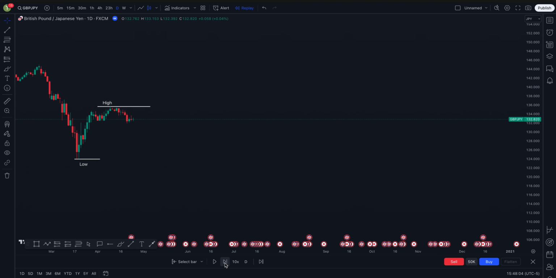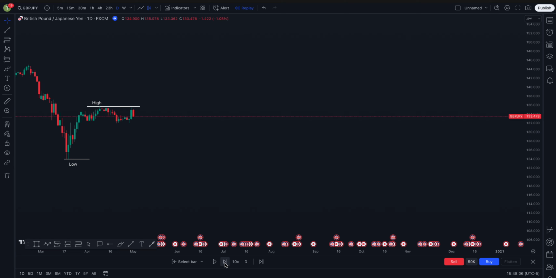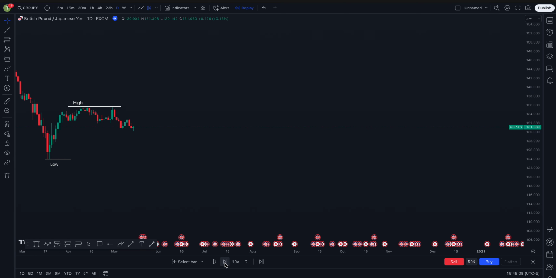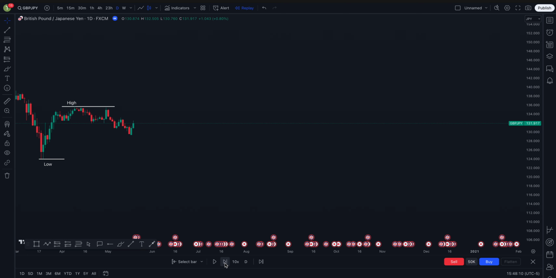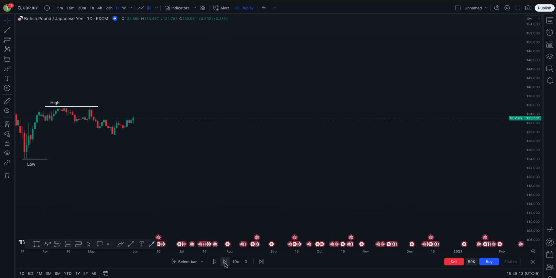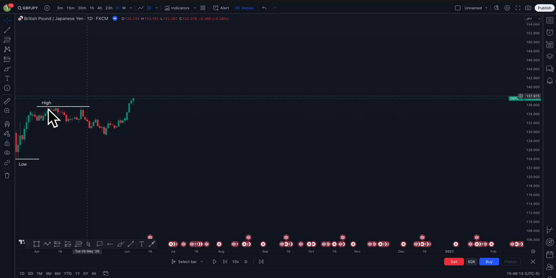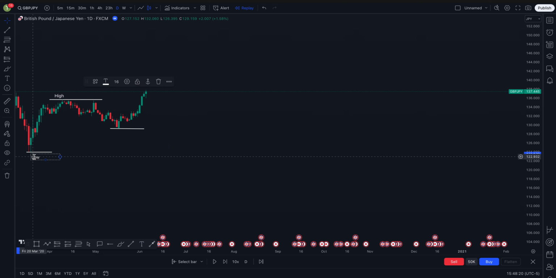So now we're waiting on the candles to do some other movement. It needs to break the high or the low. So once we see it breaks this high, this now is what would be referred to as a lower low.